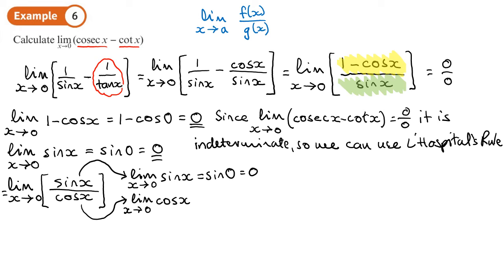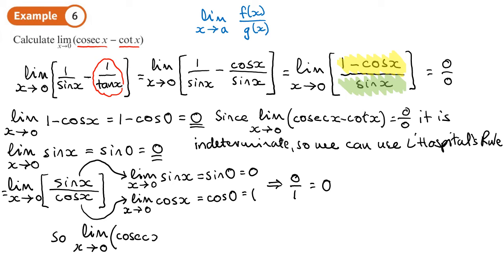The limit as x tends to 0 of cos x will be cos 0, which is actually 1. So the whole expression becomes 0 over 1, which is 0. So it's not indeterminate. If it was 0 over 0, it would be. So the limit as x tends to 0 of the original question, which was cosec x minus cot x, equals 0. There's our final limit there.